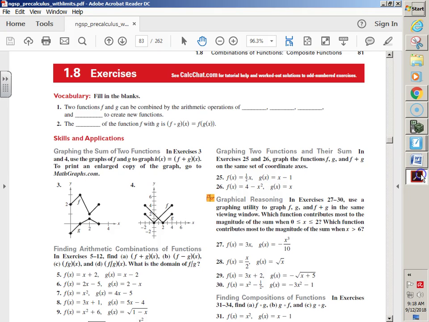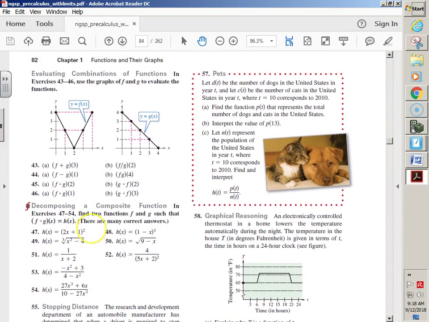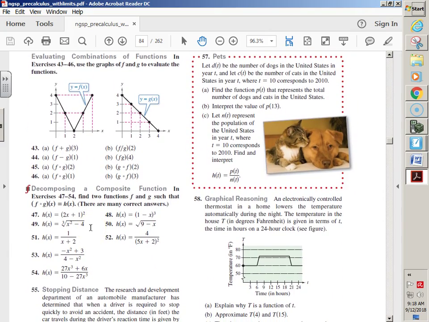Guys, did you have any questions on section 1.8? Yeah, Kathleen. Yeah. Of the compositions? Okay. Let's start with 44 first, just because it's a specific one.